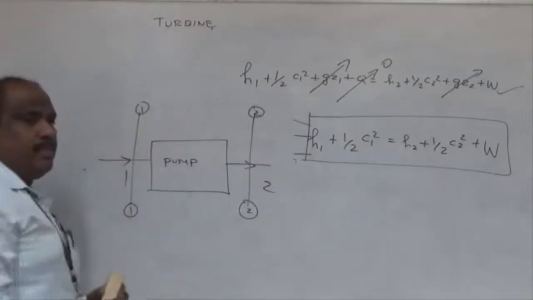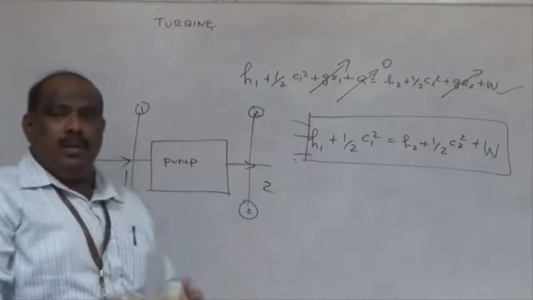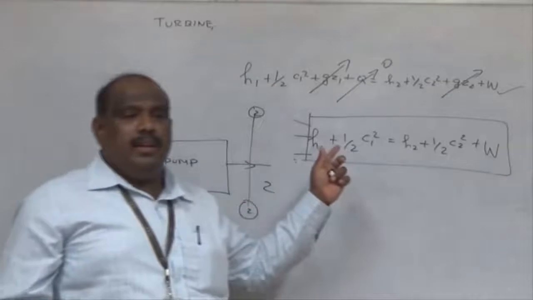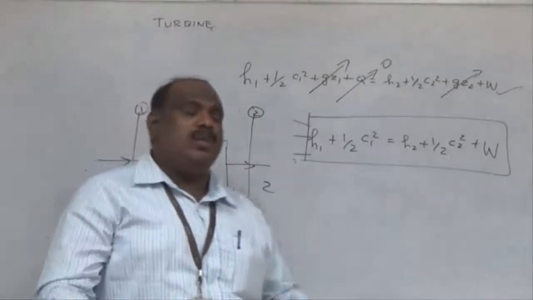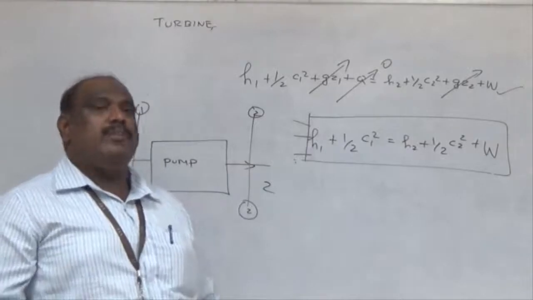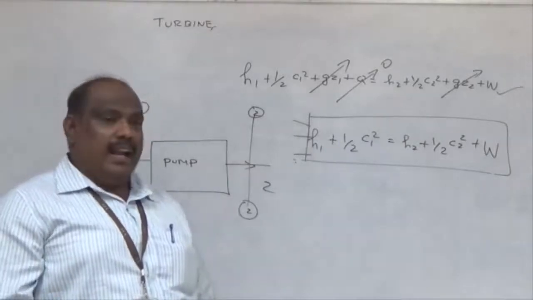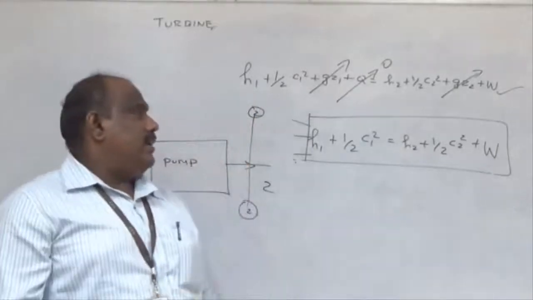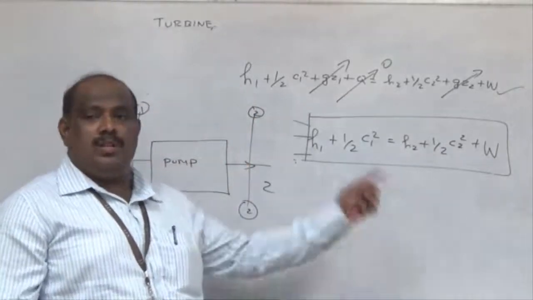So what is the expression for the pump? The pump also has a rotating device. Whether W will be there? Yes. Whether Q will be there? No, Q will not be there because a pump is going to handle only water and hence mostly there will not be any heat loss. But if you are going to pump a heated oil, then Q may come into the picture. But generally we assume the entire arrangement is insulated. So Q is also 0.